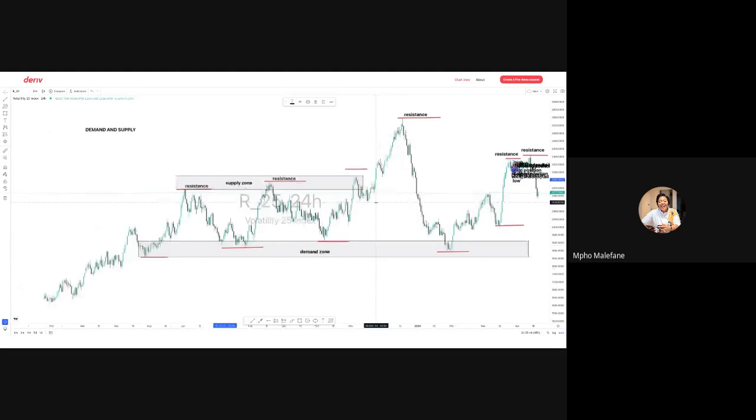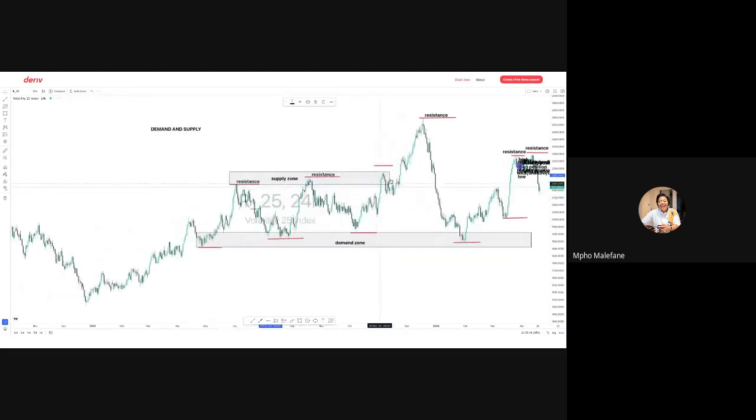Now the question I am expecting is: sir, I've drawn my demand and supply zone here, has it ended there? Because now this one is still extending, but you stopped here for the supply zone. If you can see, it broke out.